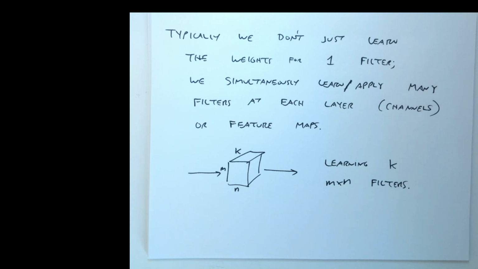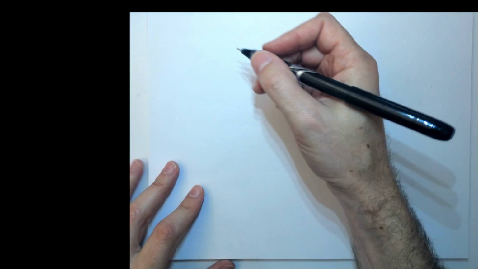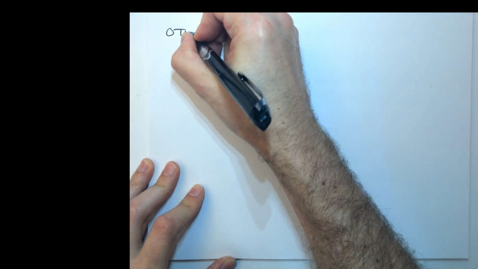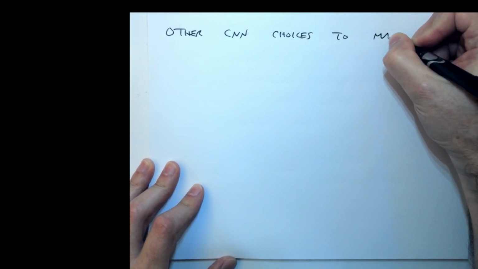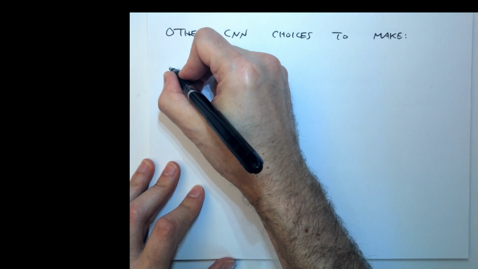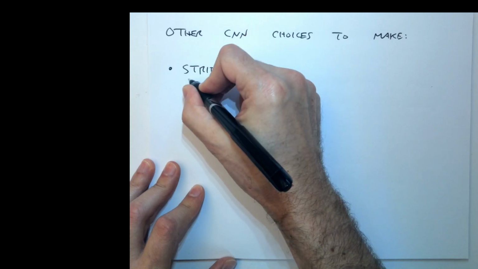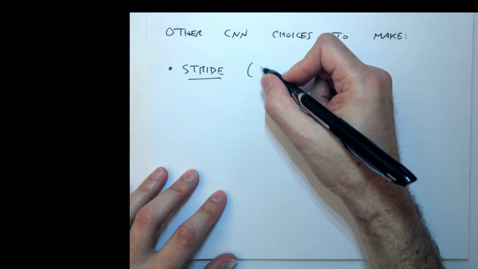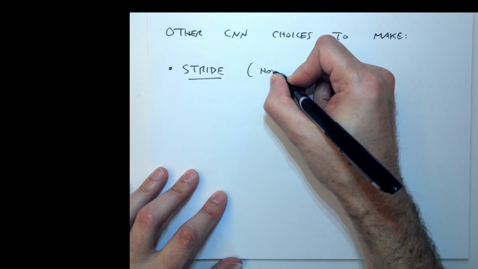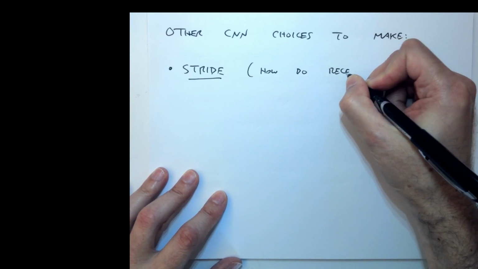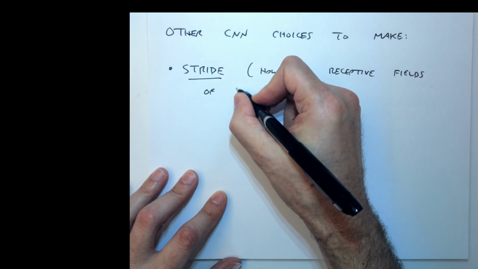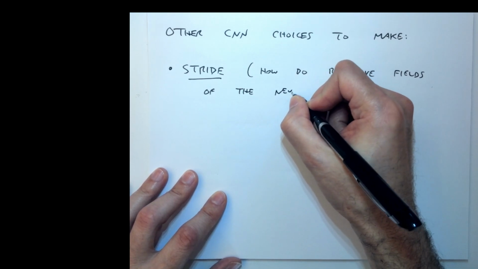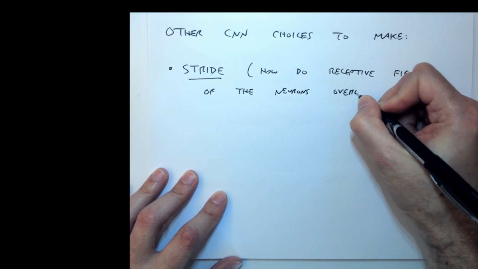Okay, so one thing to keep in mind is there's also something called the stride. So there are other choices to make. One thing is what's the stride, which is basically talking about how the receptive fields of the neurons overlap.